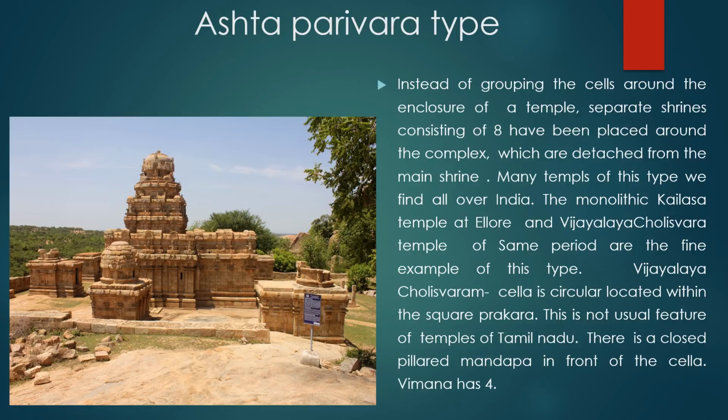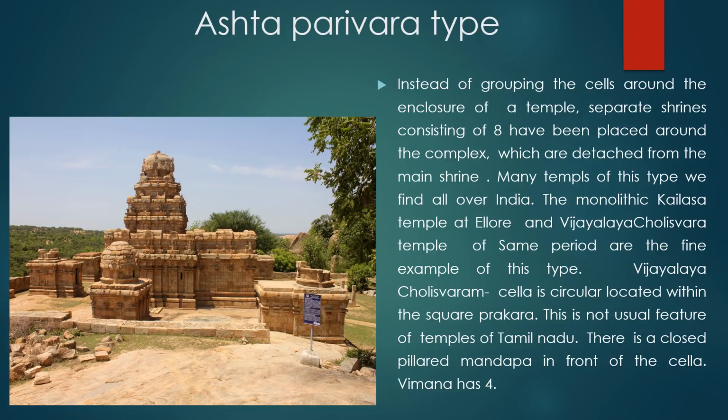The 2 temples are of the same period. The monolithic Kailasa at Ellora is a contribution of Rashtrakutas, and Vijayalaya Cholisvaram is the contribution of Muttarayars. In the name of Vijayalaya Cholisvara, all the people have confusion that it was built by Vijayalaya Chola.